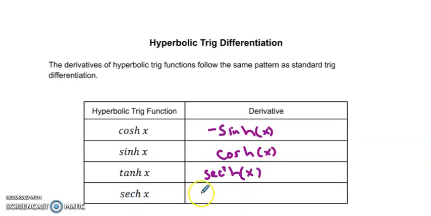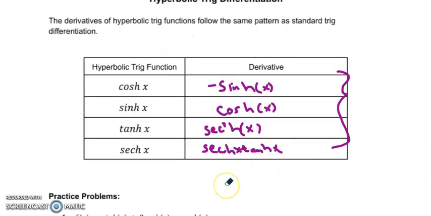And last, secant, which typically goes to secant times tangent, hyperbolic secant goes to hyperbolic secant of x times hyperbolic tangent of x. So these all look very familiar because they follow the same pattern as the typical cosine, sine, tangent, and secant differentiations.